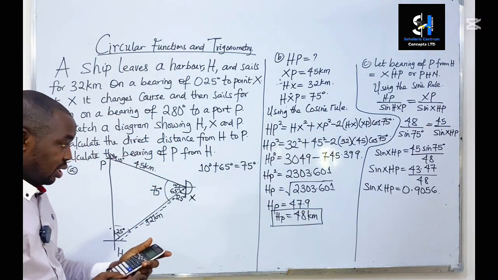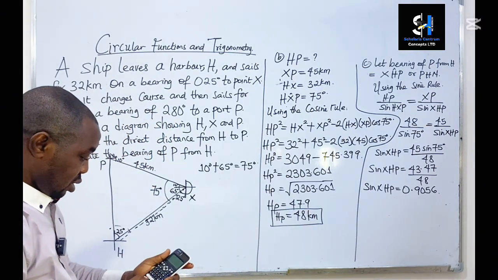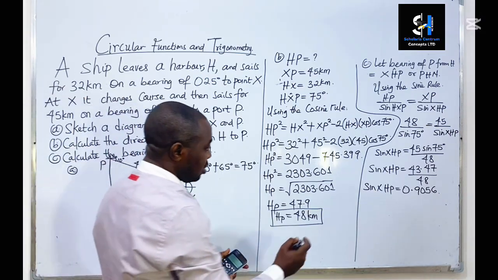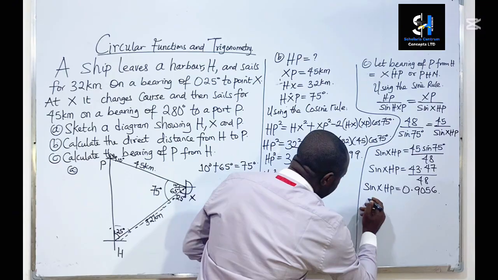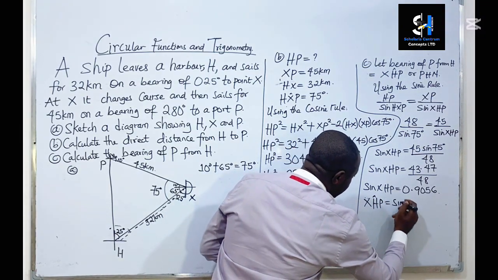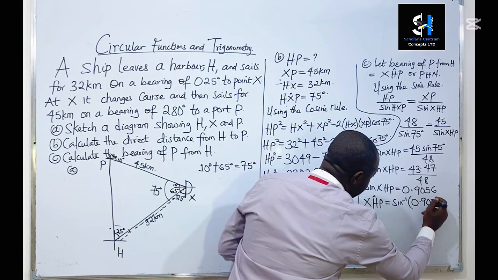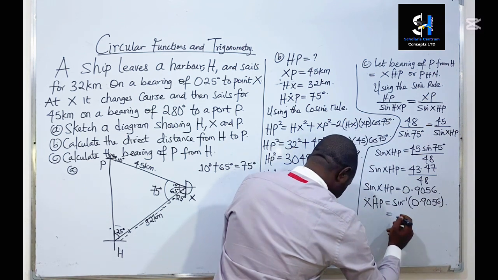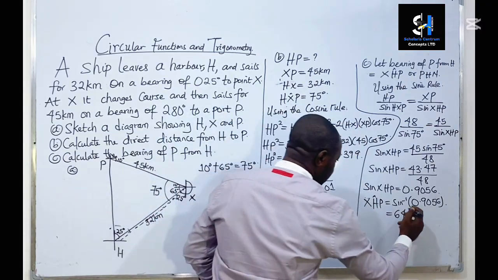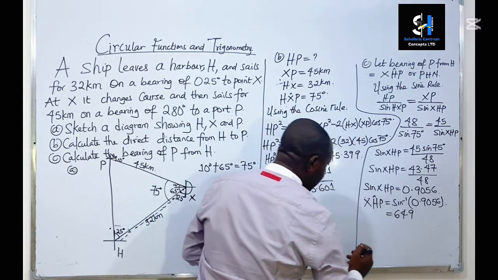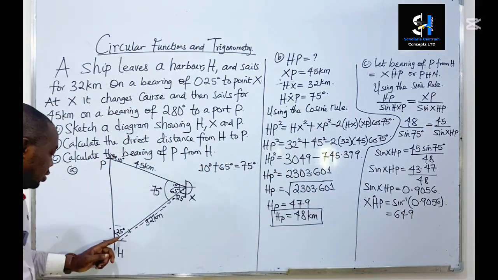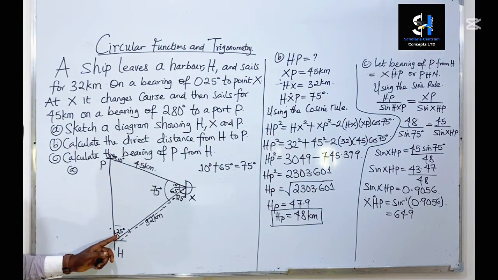So let's get the inverse sine of 0.9056. We have XHP equal to the inverse sine of 0.9056, which is 64.9. That's the angle. But let's not forget that there is a 25 degree angle here.